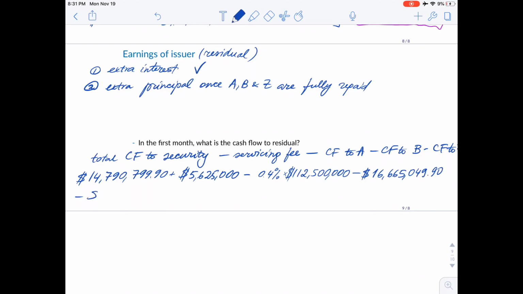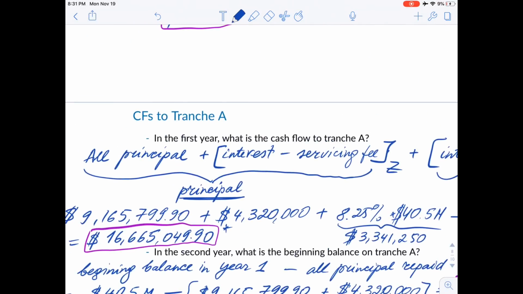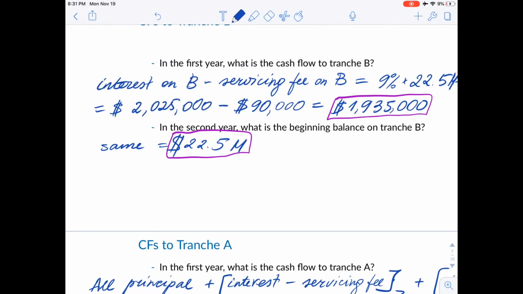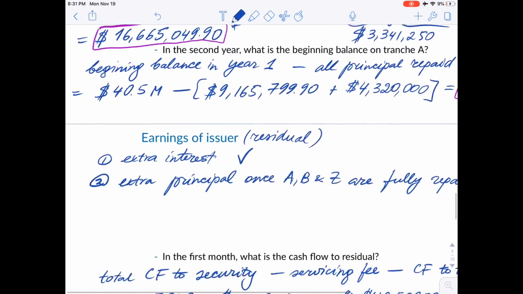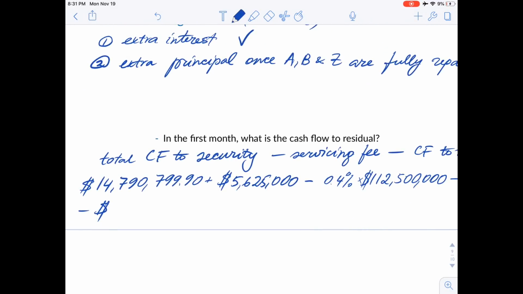And then B receives, let's see what we computed for B, $1,935,000. And Z received 0.